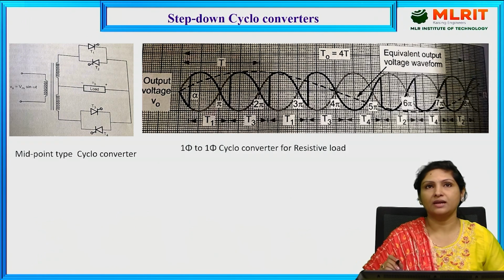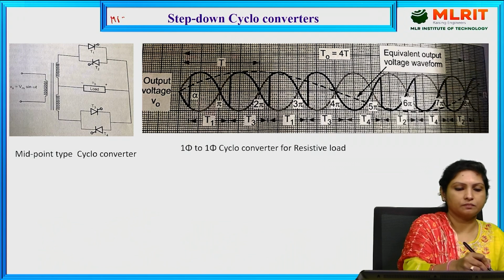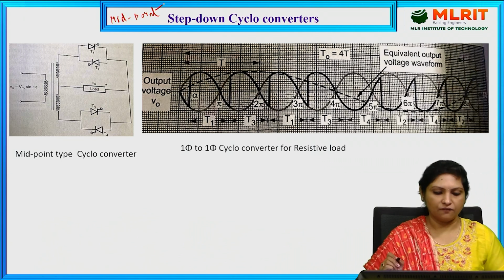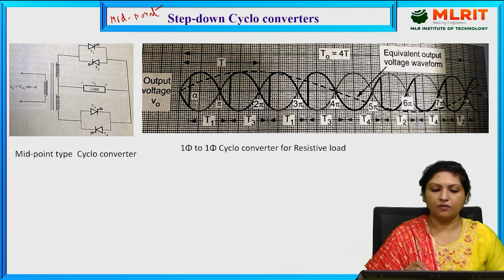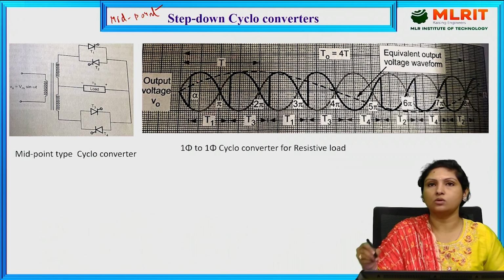And now let us see step-down cycloconverter operation, and even this is midpoint type. Midpoint step-down cycloconverter, for which, see, for 4 cycles of input voltage, I am obtaining 1 cycle of output voltage control.